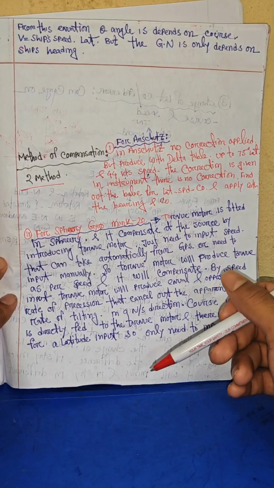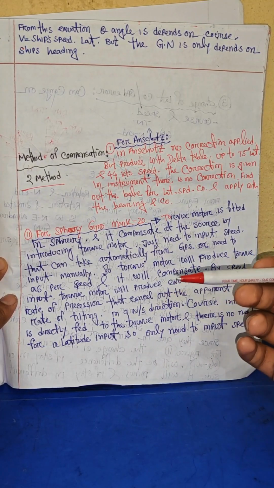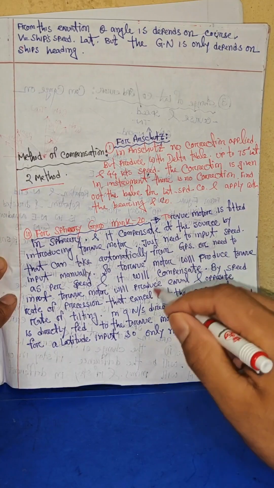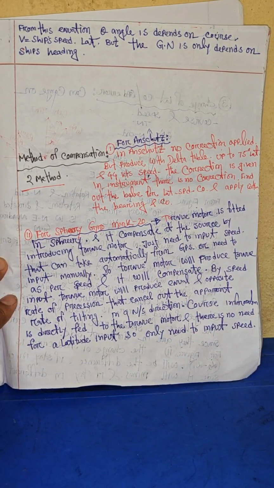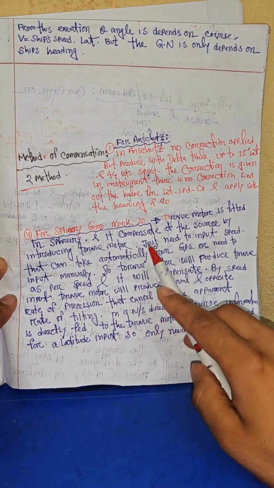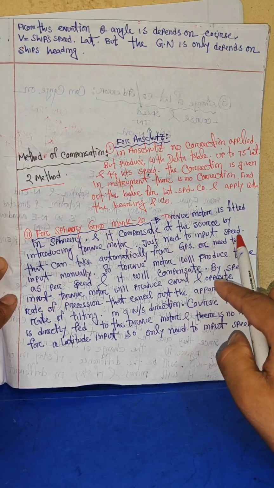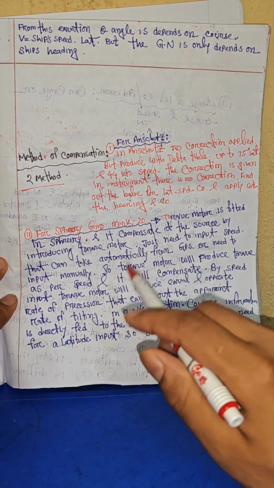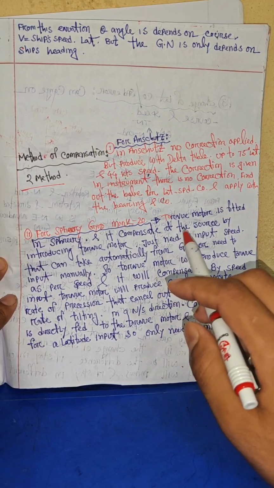It was taken automatically from the GPS. So if it is taken automatically then no problem, but you can input manually also. I found this on the Sperry gyro compass. Okay, so just need to input the speed because the course is already there.